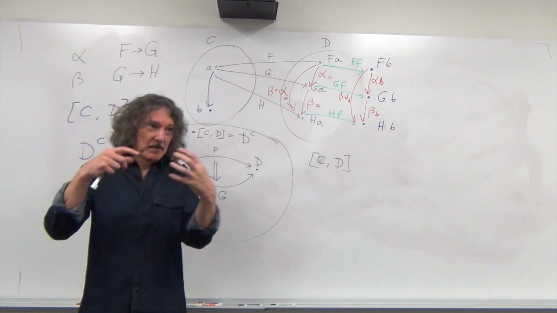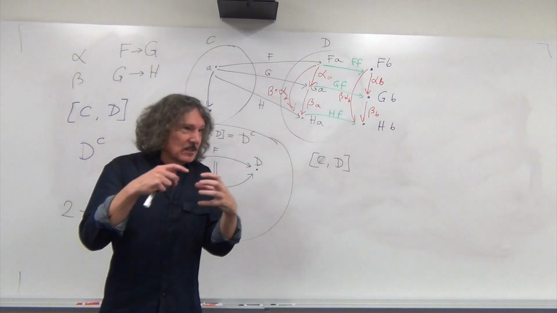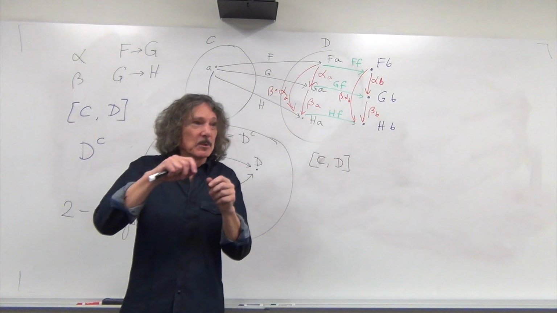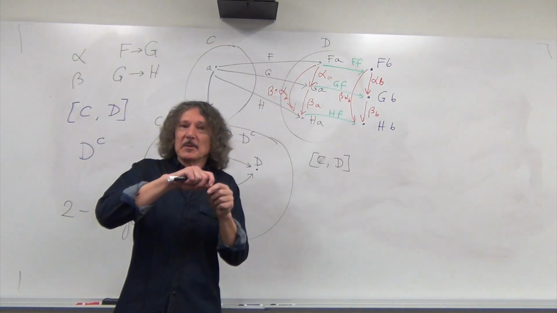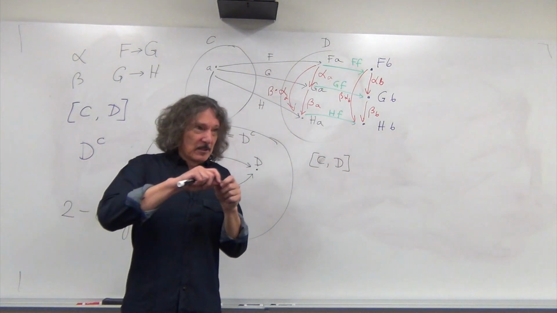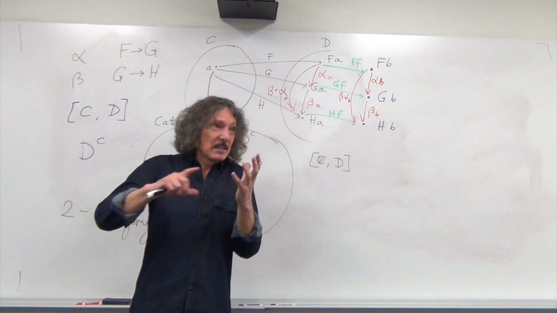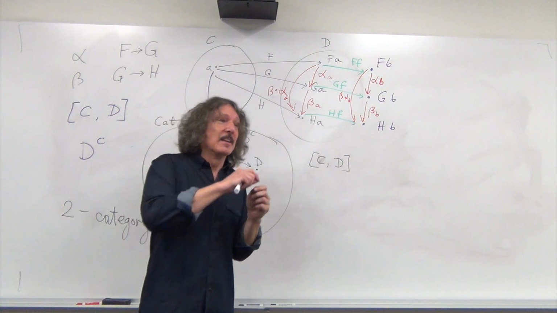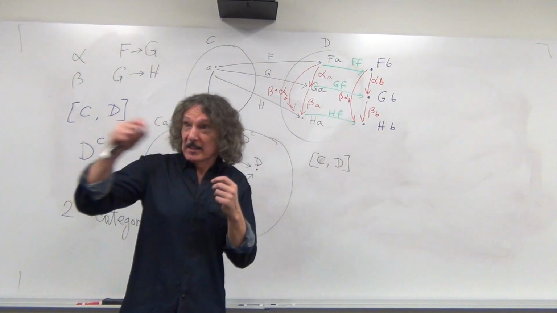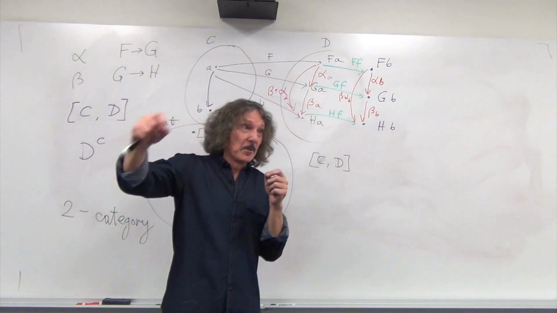Because you have to have a multiplication in this category, because you want to be able to build composition using hom sets rather than elements of hom sets, because we define composition using elements of hom sets, the morphisms, right?